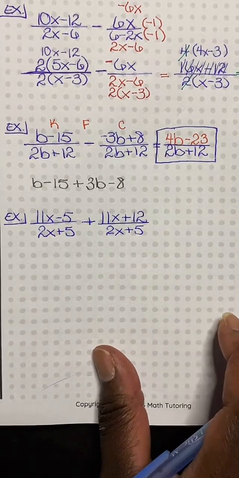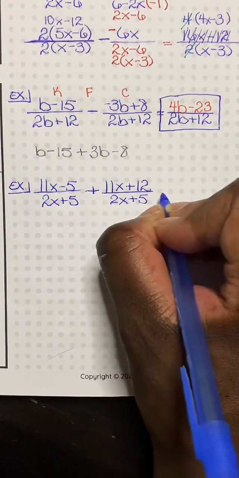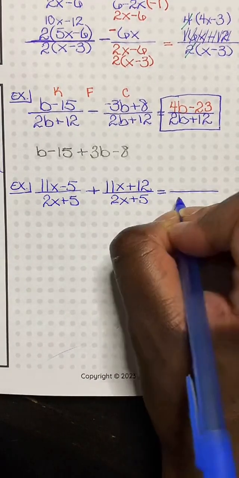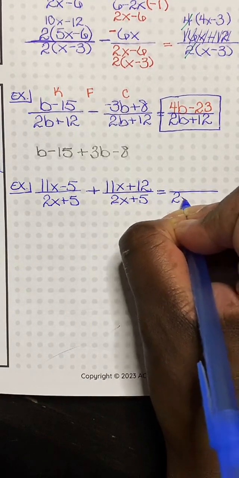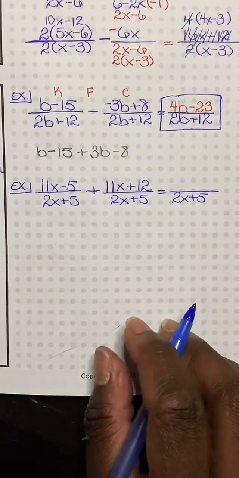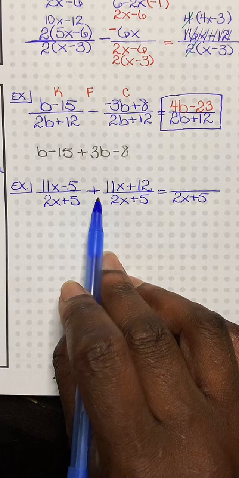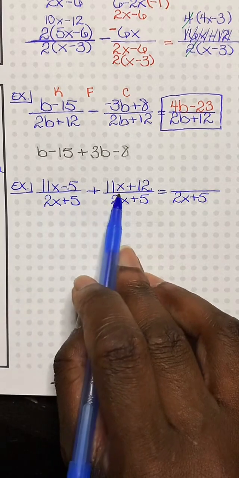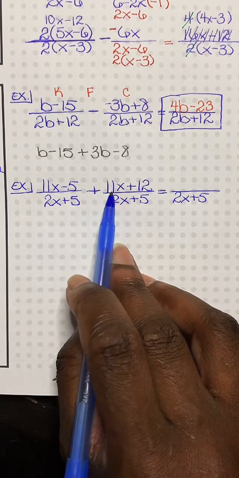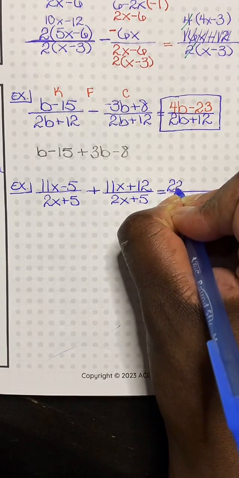Okay, well, let's take a look. My denominators were exactly the same, so I'm just going to recopy my denominator, just like if I was doing fractions. When we have a common denominator, we just bring it over. Now, since we're adding, we're going to add our like terms together. So 11x plus 11x gives us 22x.